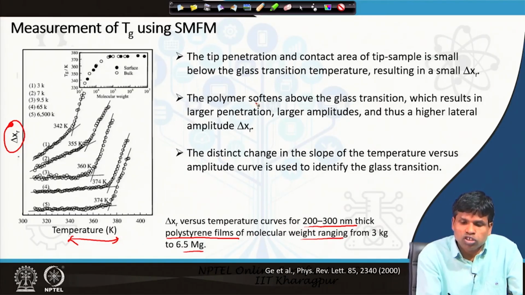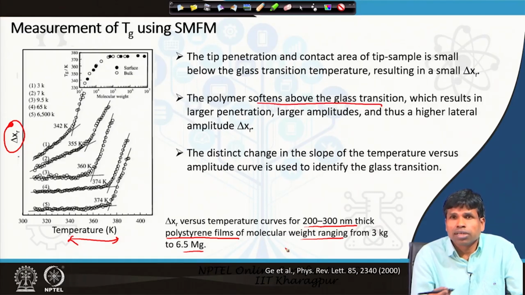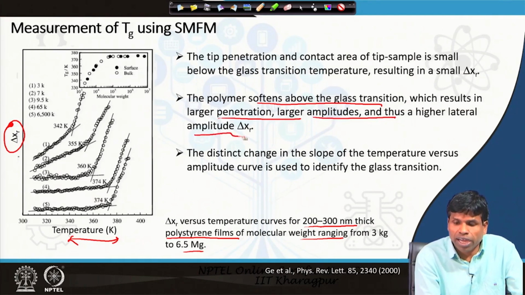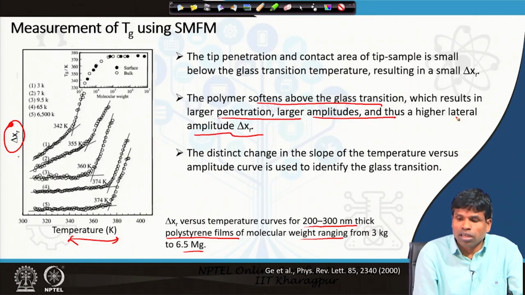The polymer softens above the glass transition temperature, meaning it becomes molten or rubbery. That results in larger penetration and a higher lateral amplitude.